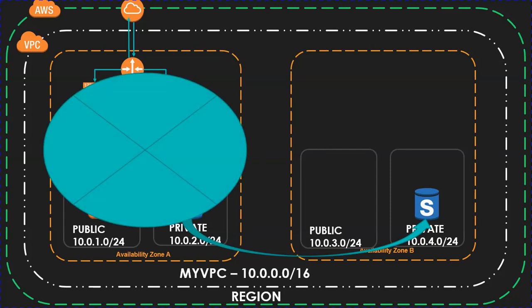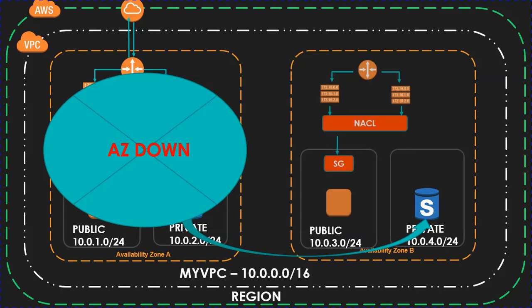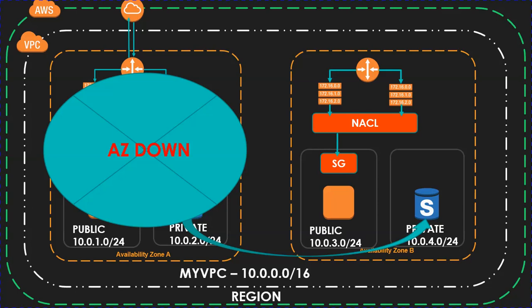So suppose the whole availability zone goes down, zone A goes down. What will be the situation? Because we need our application to be highly available, in that scenario we will bring up the redundant services in the other availability zone, and make the connection to the external world, and the instance in the public subnet will be connected to the database in the private subnet.